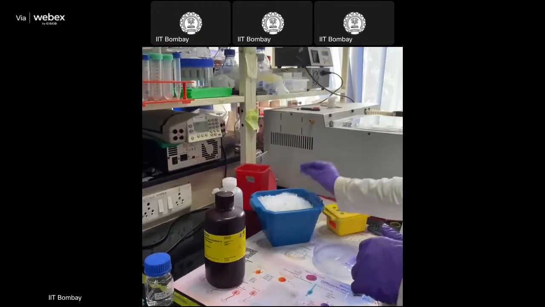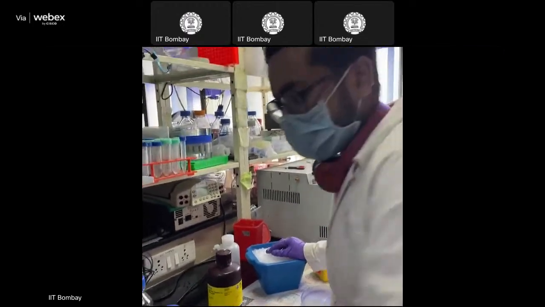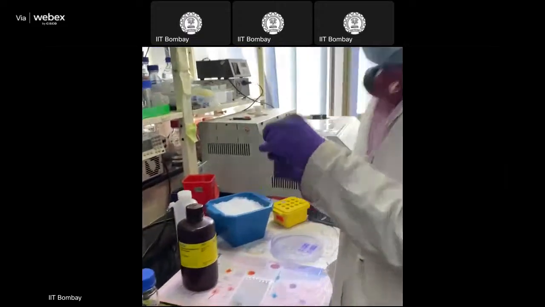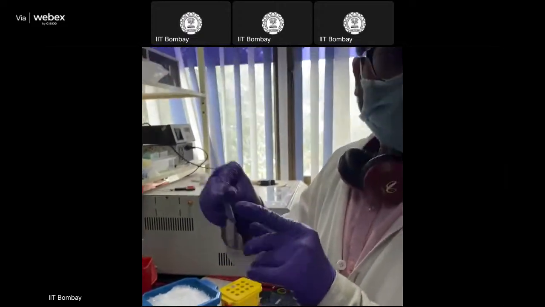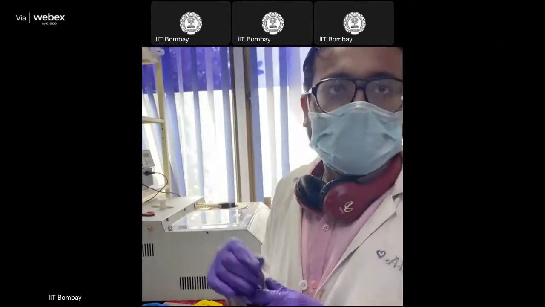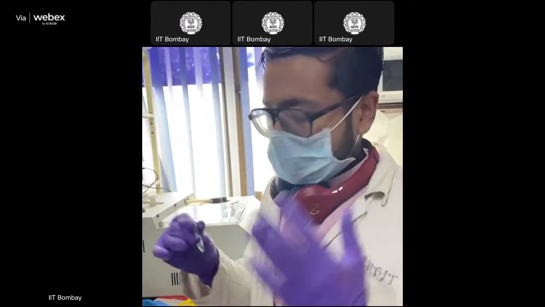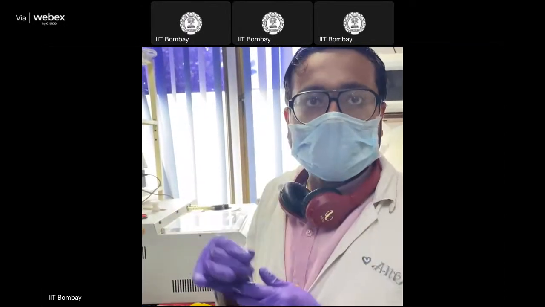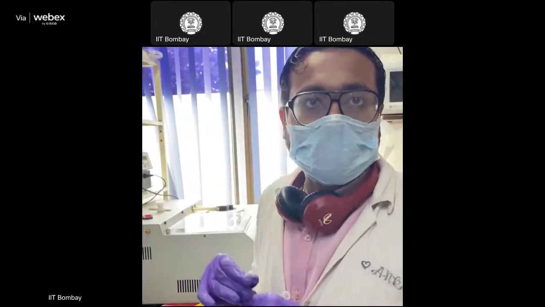For this, first we take standard BSA, and we use different concentrations of the known BSA, that is the standards, with 0, 2, 4, 6, 8, 10, up to however far you want to go, so that the range of the unknown protein samples comes within that range.